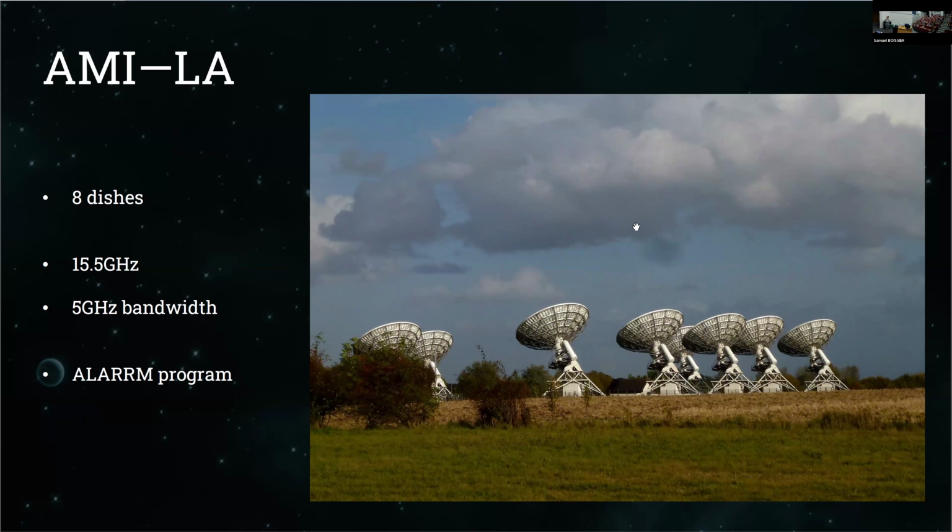Now, one of the amazing things that AMI has done and has pioneered in the radio regime is this ALARM program. This is a rapid response observing program, which, in the way that many optical facilities already do, takes the information from, say, for us, the Swift telescope, and allows automatic repointing of the telescope.